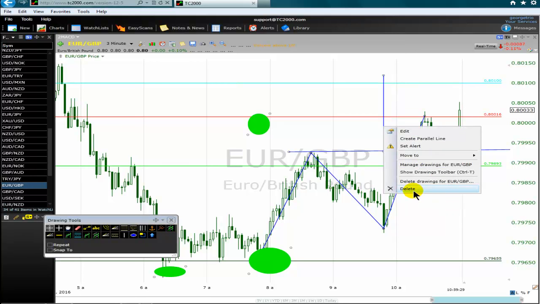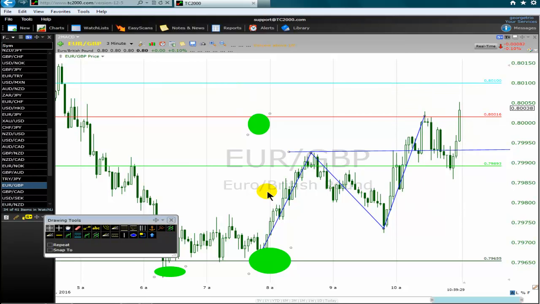If they take me out of my trade, I'll go back to the hourly chart and review the trade and see, does anything change fundamentally? Did the setup change? If it doesn't change, I'll wait for another time when I can sell again.